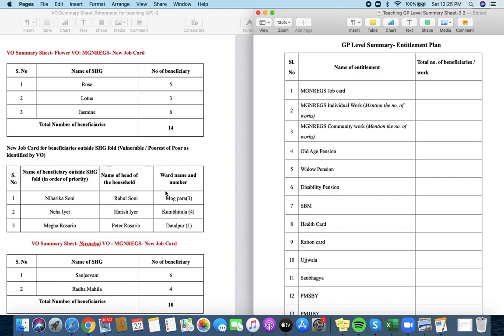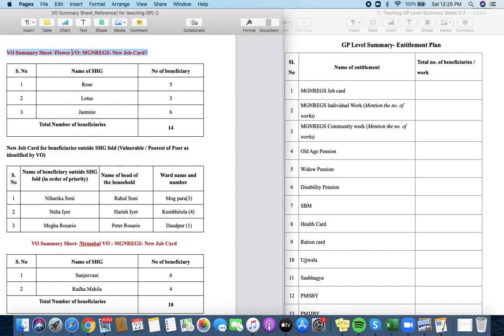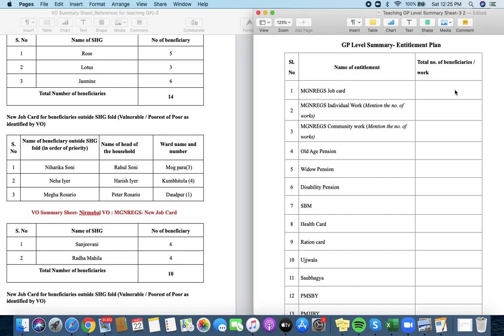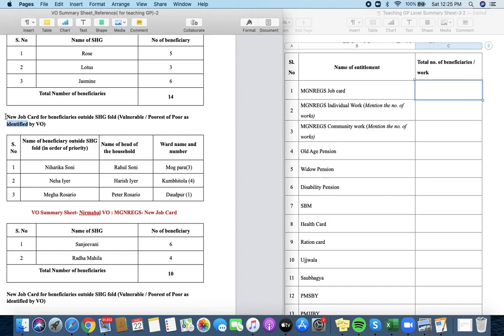So here we can see that the VO level summary sheet for the NREGA job card has been made. So this is for Flower VO. In Flower VO, total number of beneficiaries within SHG is 14. And in Nirmahal VO, it is 10. So tell me, should we here write 24? No. We cannot write 24 because at the VO level, we are also taking the data of people outside the SHG.